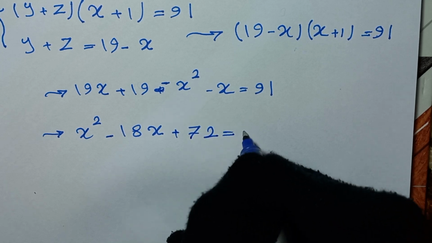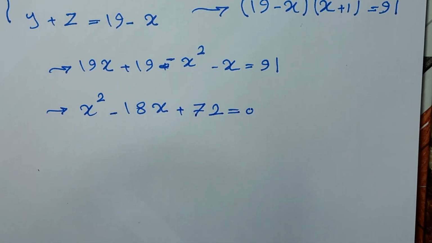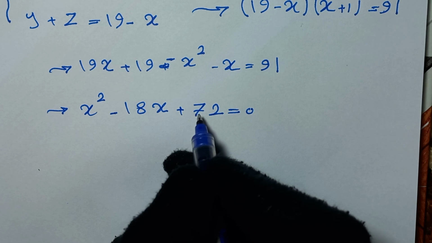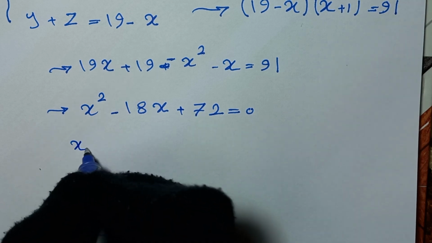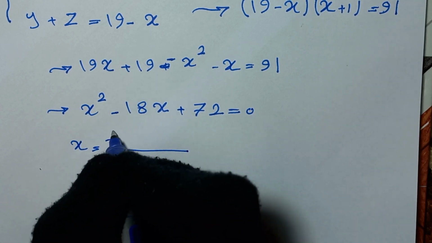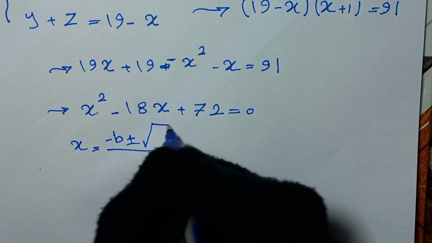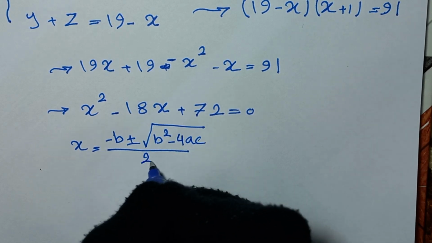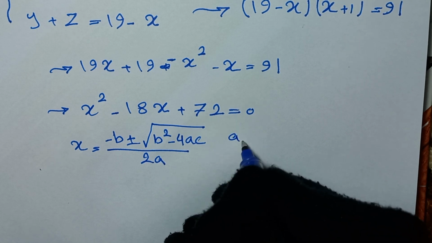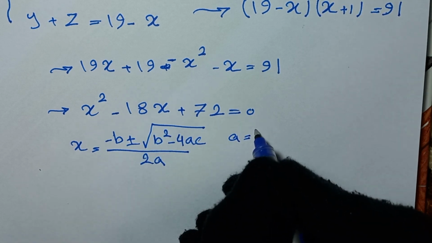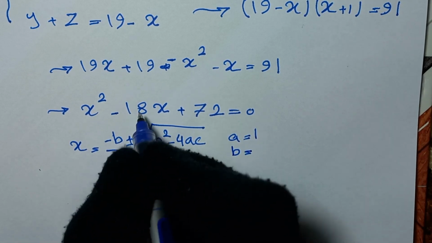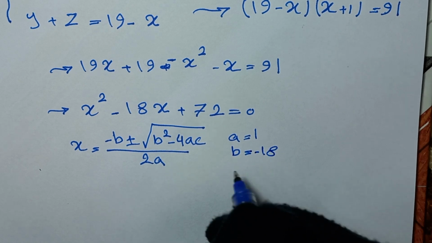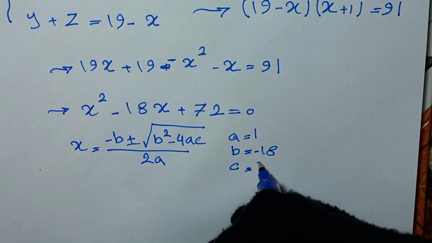Here we have a quadratic equation, and we use the quadratic formula, which is x is equal to negative b plus or minus square root of b squared minus 4ac over 2a, where a is the coefficient of x squared, which is 1, b is the coefficient of x, which is negative 18, and c is the constant, which is 72.